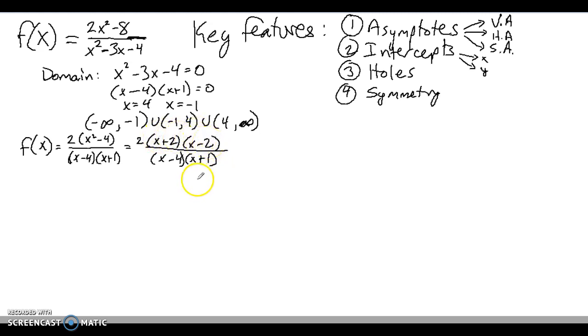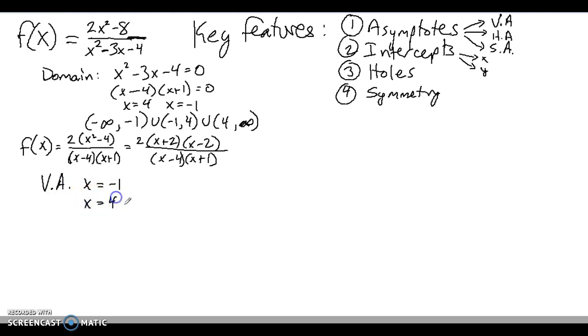And we have no common factors, so we are done reducing this rational function. Since there are no common factors, both of these domain problems that we found are vertical asymptotes. So we have our vertical asymptotes complete.